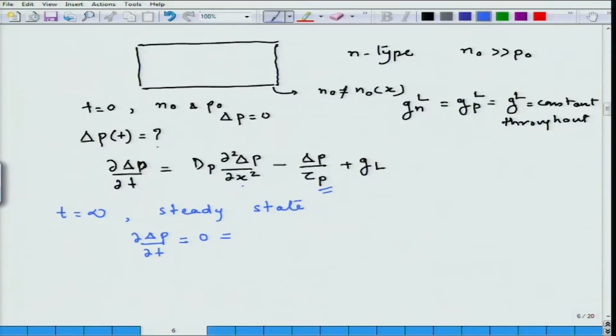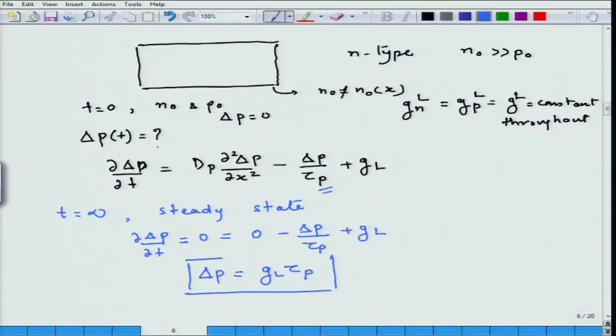Since I am generating excess carriers at the same rate throughout the material, which has been shown here, this term is also 0, which basically means I am left with the excess carrier concentration, which at steady state will be given by G L times tau of p. So, this gives me what would be the eventual carrier concentration in steady state in the material if I am generating carriers by some means throughout the material at a uniform rate.